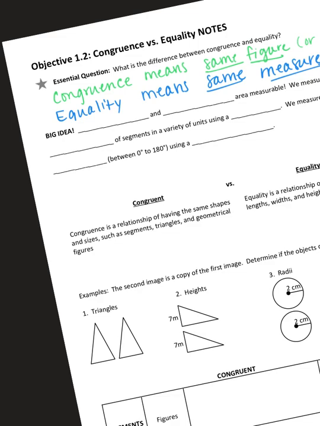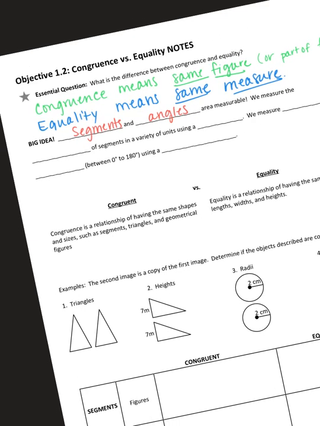The two things we can actually measure are segments and angles. So from here on out, for the rest of this unit, we are really only going to focus on segments and angles because they're the only things that we can measure. There are lots of segments in different parts of things, and that's where we get into later in the semester.